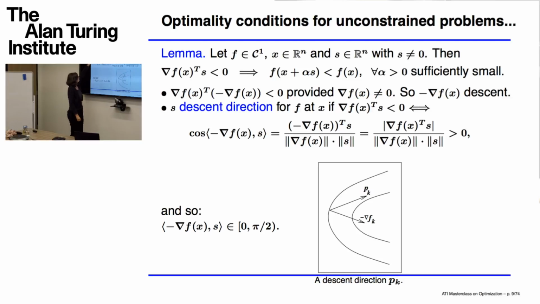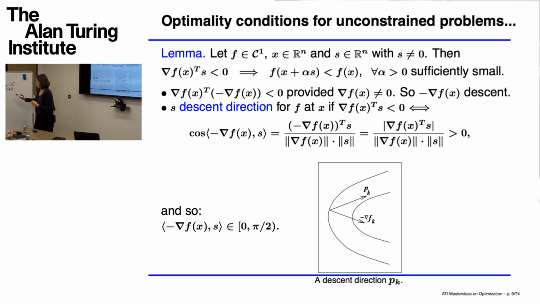Then if the gradient of f transpose s is less than 0 strictly, so this inner product is negative, then I'm guaranteed to be able to decrease f from my current value at x along this direction s for a sufficiently small alpha. So alpha is a scalar. I have a point x that is fixed, and I have a non-zero direction.